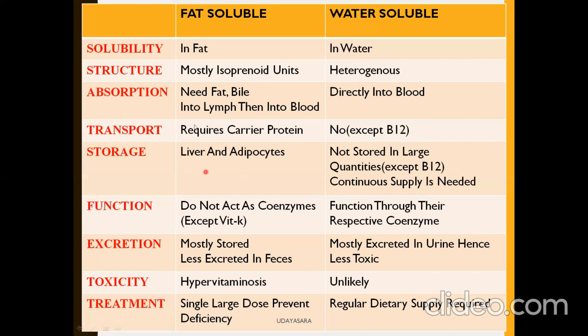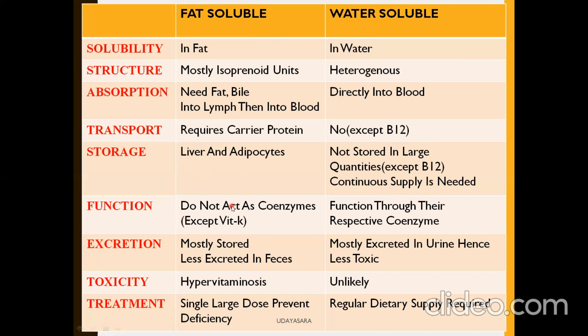Coming to the storage, the fat soluble vitamins get adequately stored in the liver and the adipocytes. Water soluble vitamins get excreted, so they are not stored in a larger amount, and hence a continuous supply is needed, except in case of vitamin B12, where a storage form occurs.